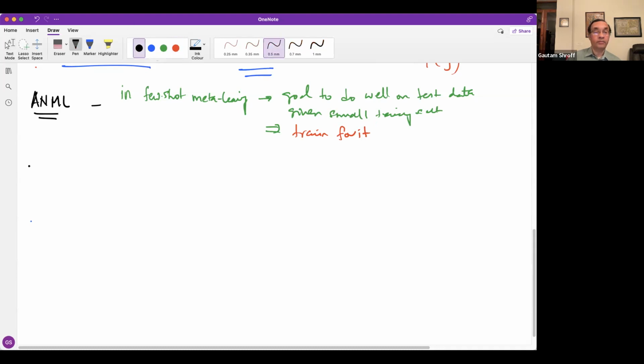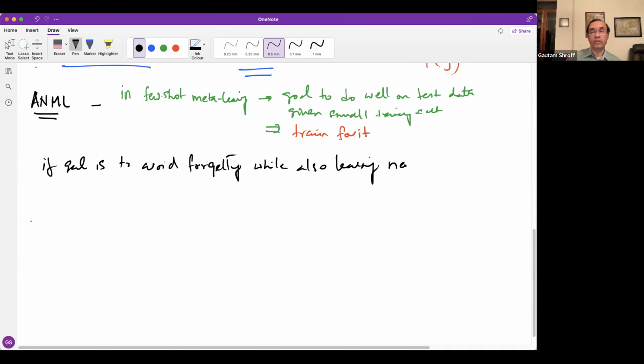Animal does the same thing. If the goal is to avoid forgetting while also learning new things fast, which is the same as fast, right? Small amount of data.